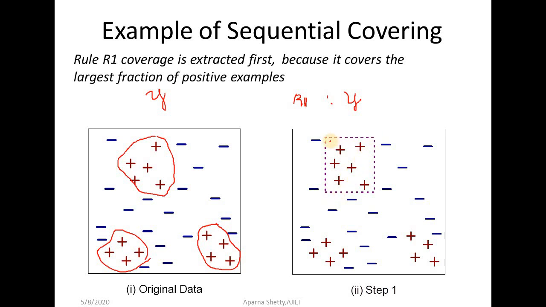Here the square bracket shows the records that are triggered by R1, and these plus signs show the records triggered by R1. So once we have generated the rule, the next step is to remove these records.